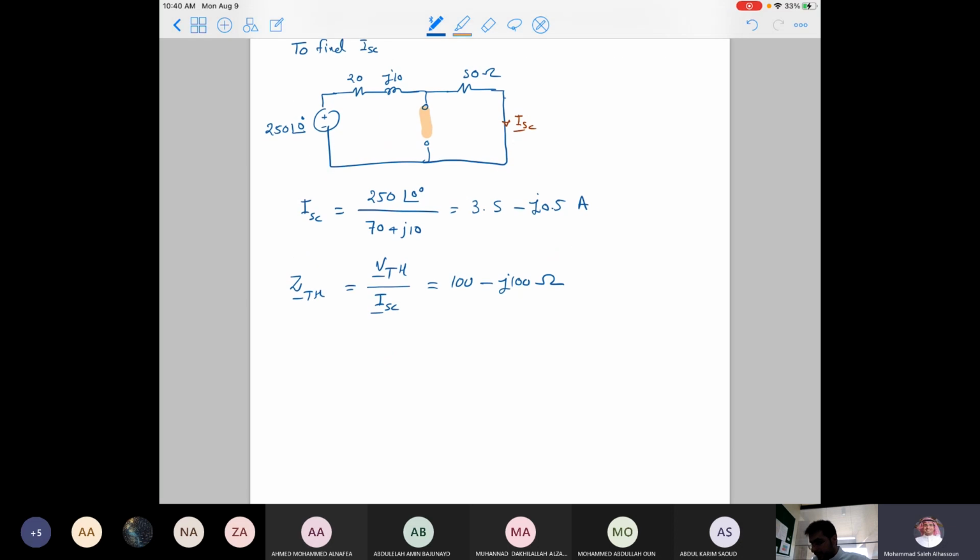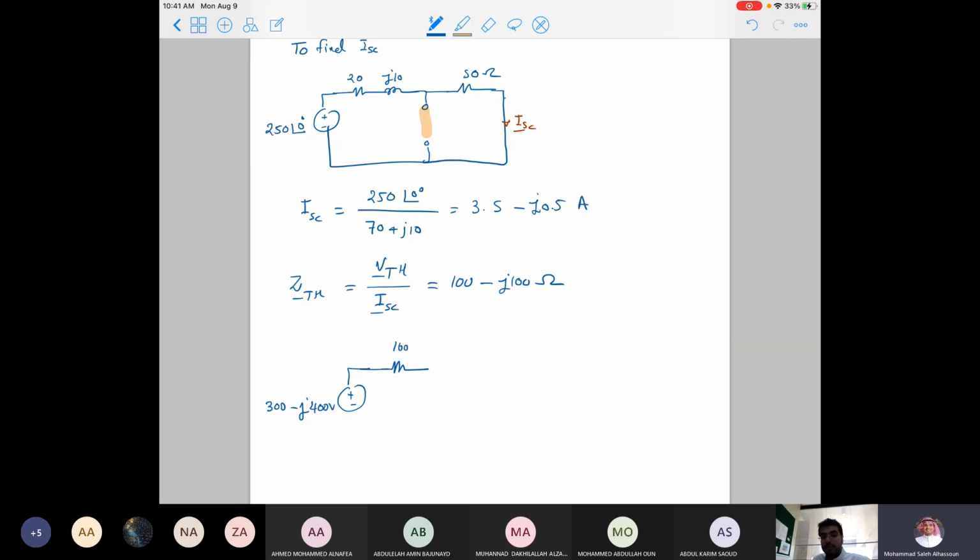And this transfers to the following circuit. So the Thevenin voltage was 300 minus J400 volts. And the Thevenin impedance will be, the real part of it will be 100. So the real part will be a resistor.